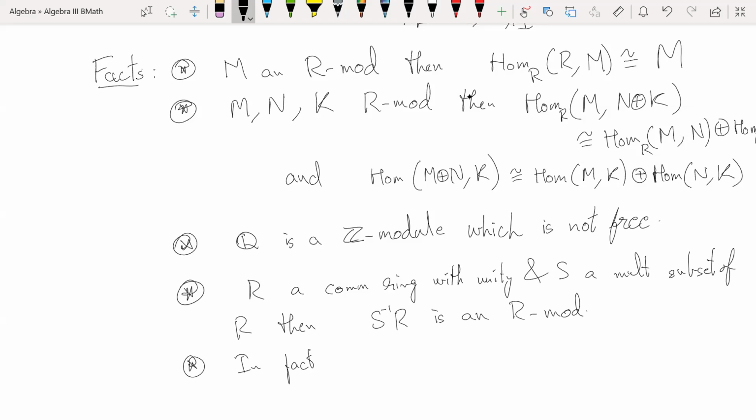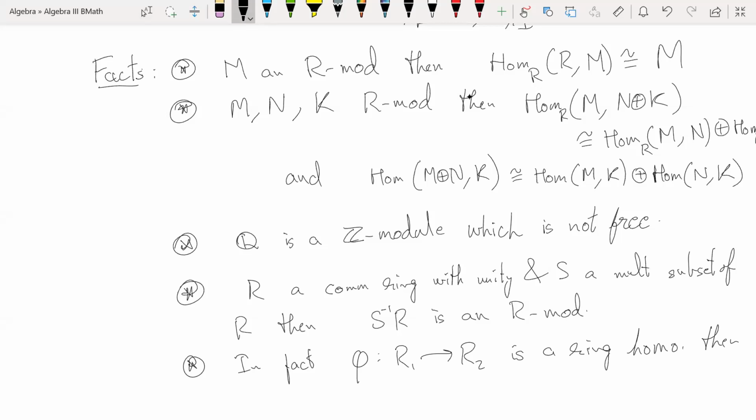slightly more general: phi from R1 to R2 is a ring homomorphism, a ring homomorphism between commutative rings with unity, and hence 1 of R1 goes to 1 of R2.